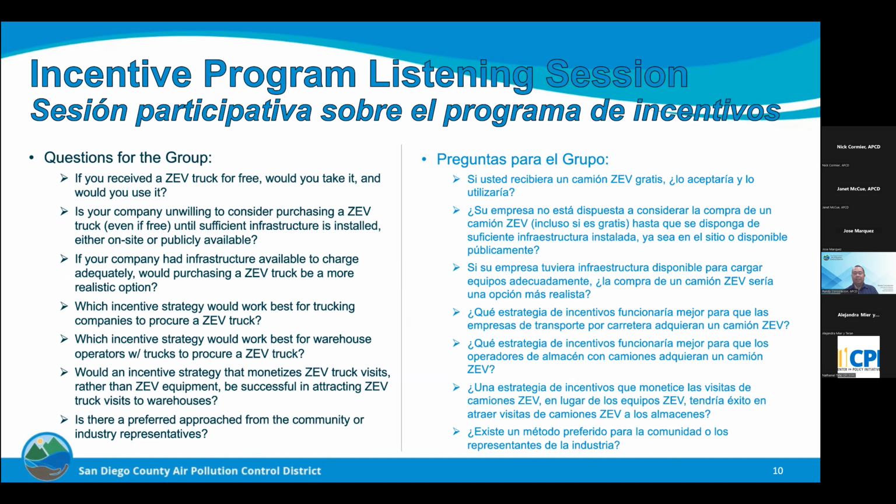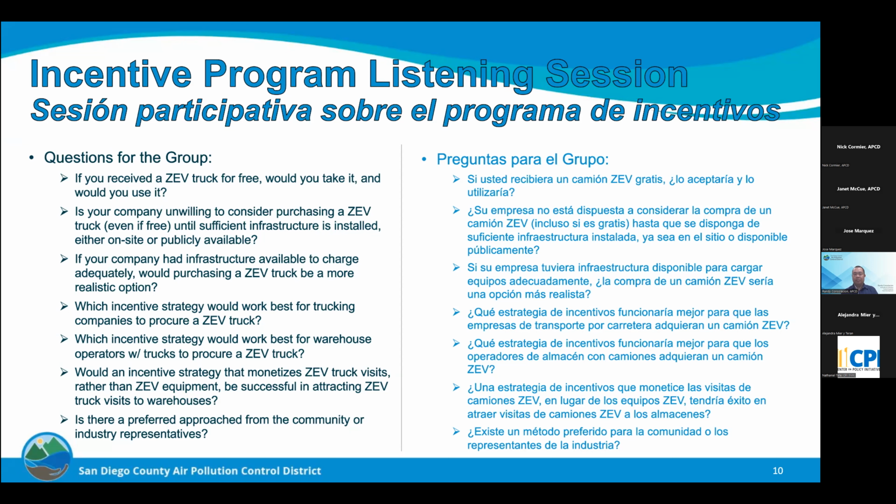To help facilitate the discussion, please think about the following questions. If you received a ZEV truck for free, would you take it and would you use it? Is your company unwilling to consider purchasing a ZEV truck, even if free, until sufficient infrastructure is installed, either on-site or publicly available? If your company had infrastructure available to charge adequately, would purchasing a ZEV truck be a more realistic option?